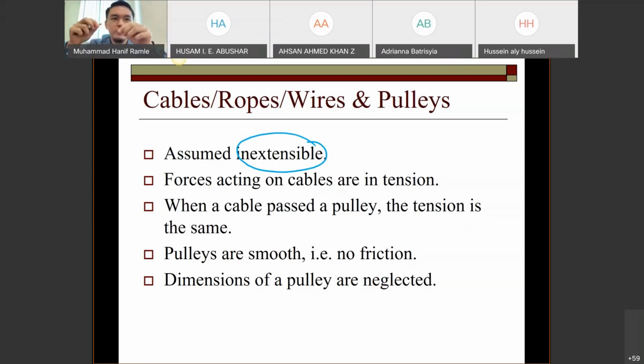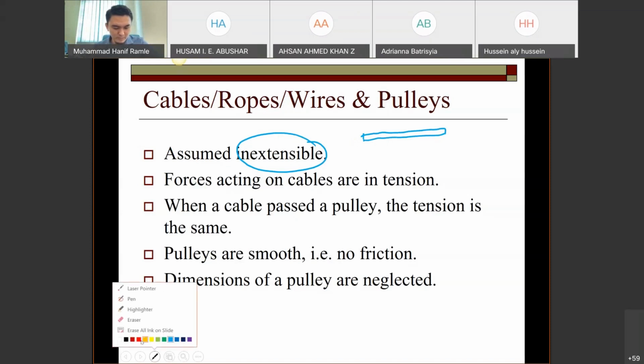You can extend this rubber like this. But in statics, we assume it is not extensible. This is the original. You cannot extend like this.